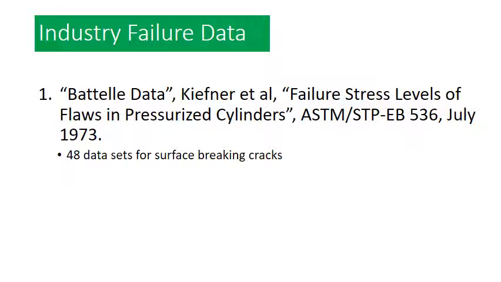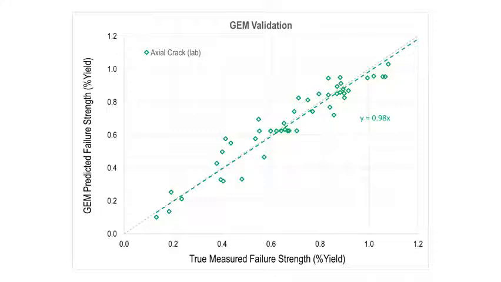Now, some of you will have seen this before. When I do the validation plot, I look at the predicted failure strength on the y-axis and the measured failure strength on the x-axis. And ideally, all of the data points fall along that diagonal line, which would indicate perfect agreement.